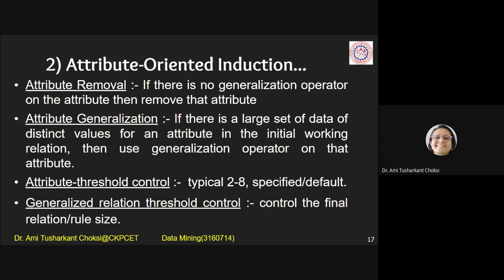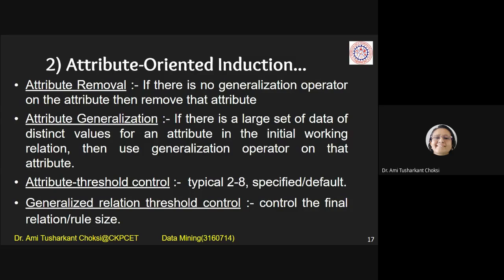For that we have considered month. For that, we have considered that the generalization was not possible. The concept hierarchy was not possible for those concepts. So for such attributes, we remove them.